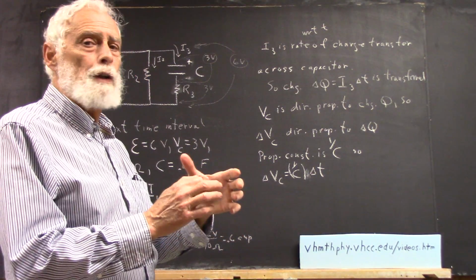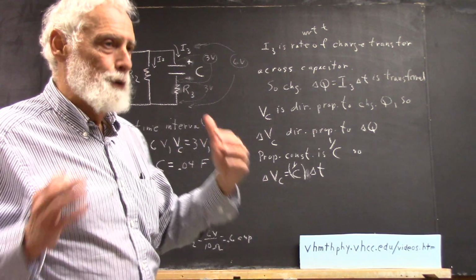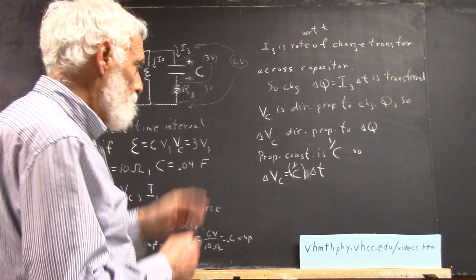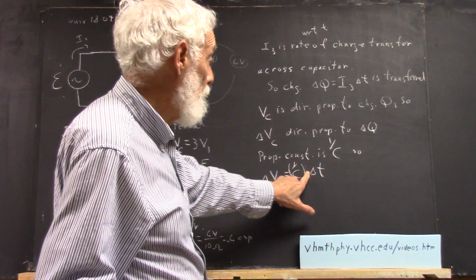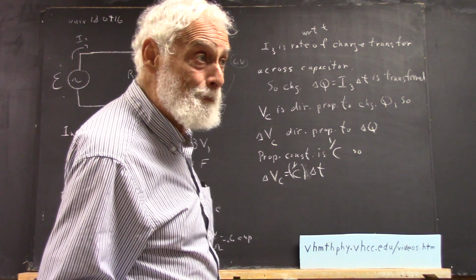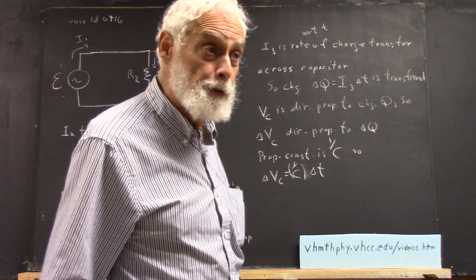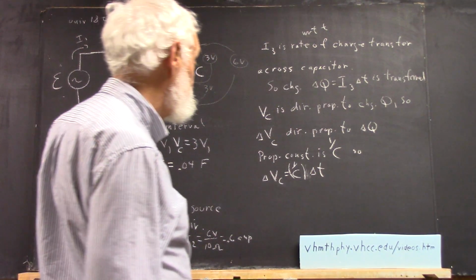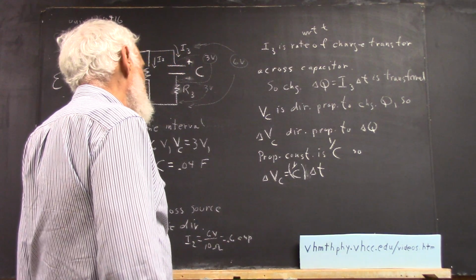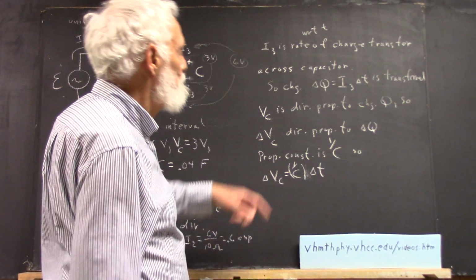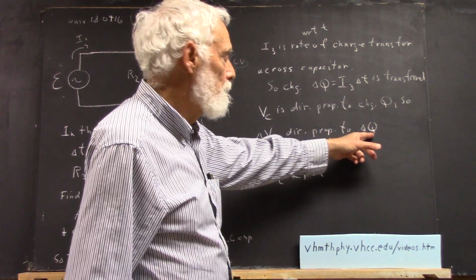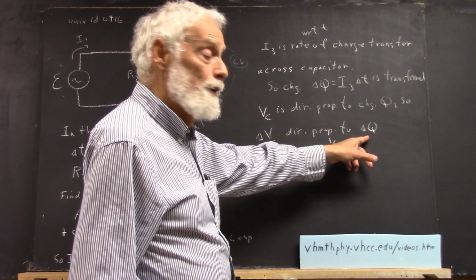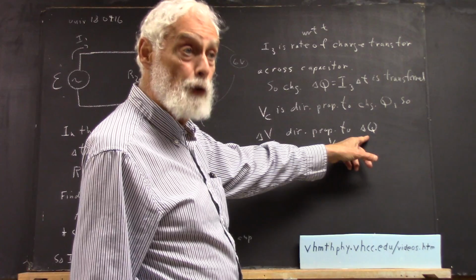Because what you want to regard as a big capacitor is one that will take a lot of charge for a little bit of voltage. And you want to keep that straight. I just almost wrote it down wrong because I was just writing down symbols. I know there's a proportionality constant, so it must be C. Well, no, it's 1 over C. So the bigger the C, the less change the transferred charge has on the voltage.